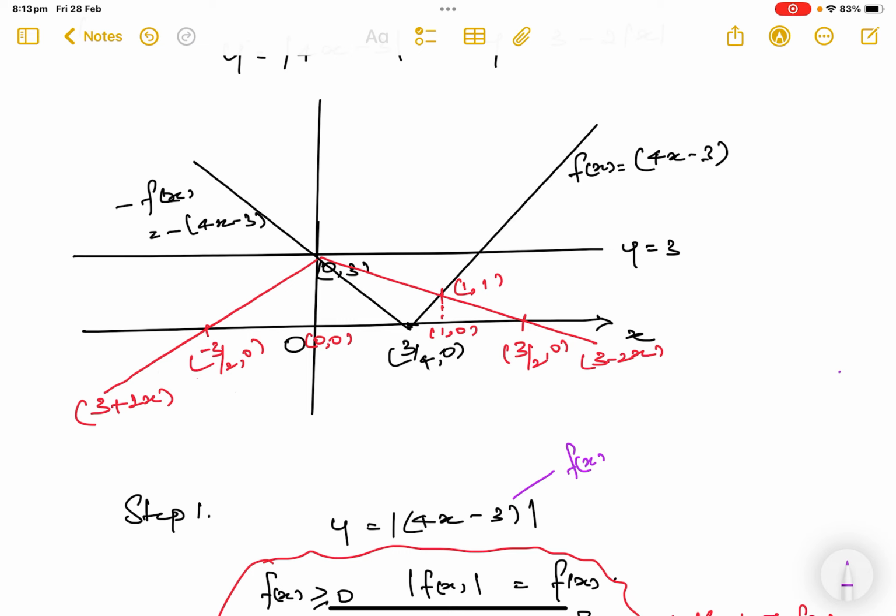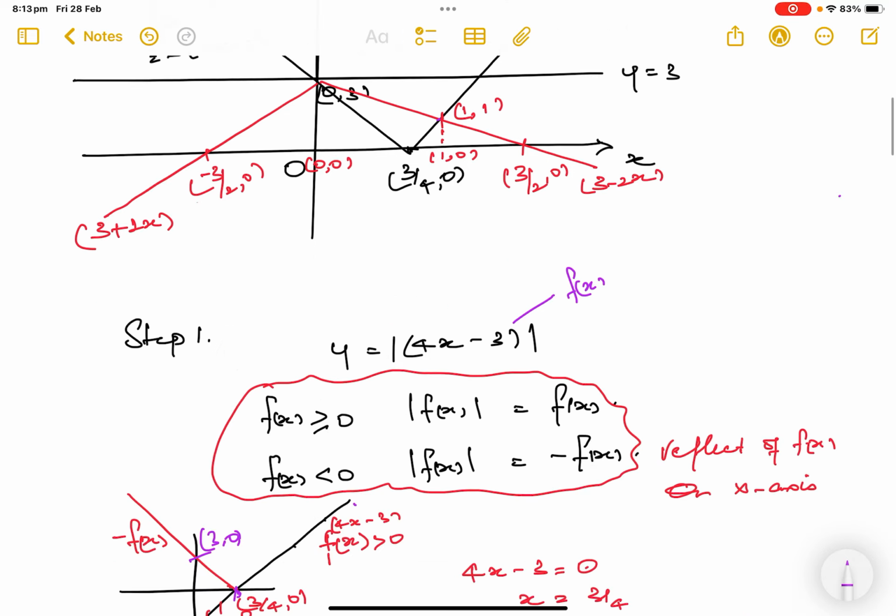Again, if we work it out, the two graphs intersect here. It's 4x minus 3 and 3 minus 2x, and working it out gives (1, 0). Of course, 3 minus 2x cuts the x-axis where y equals 0, that is at (3/2, 0).